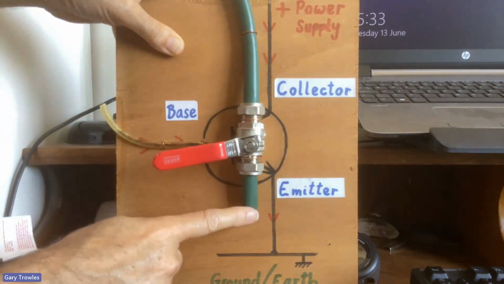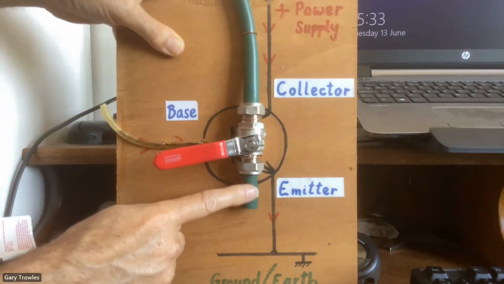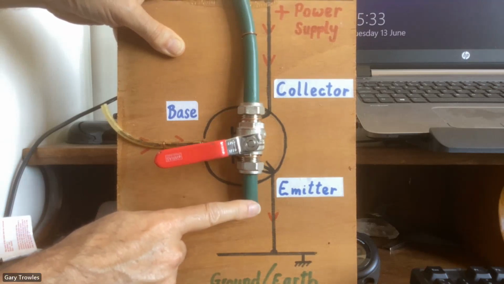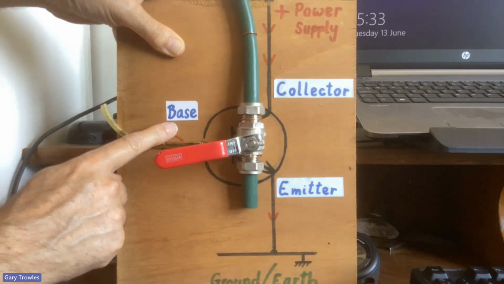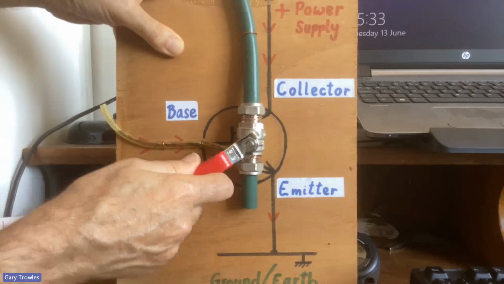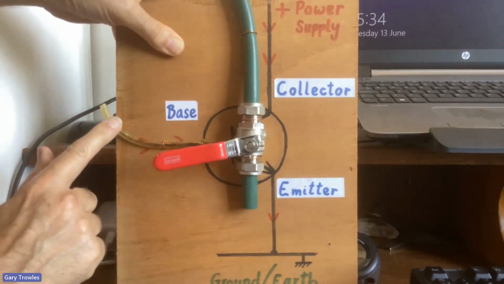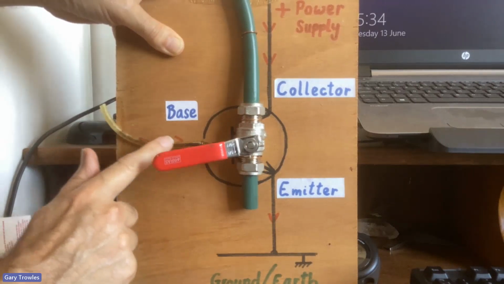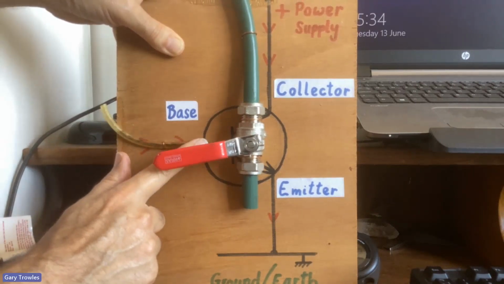We have the emitter emitting the water or the electrical current. And then we have the base, which in the case of this valve is operated by hand, but in the case of a transistor would be operated by a small electrical current flowing in through the base connection.